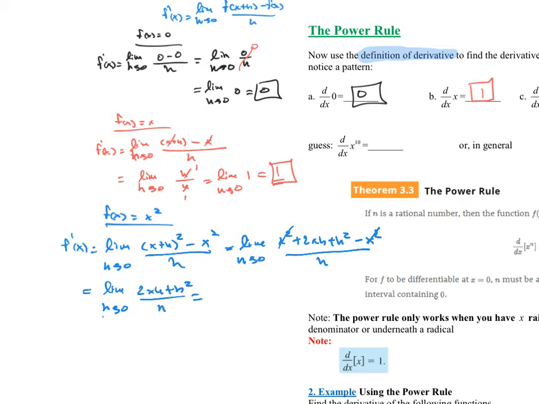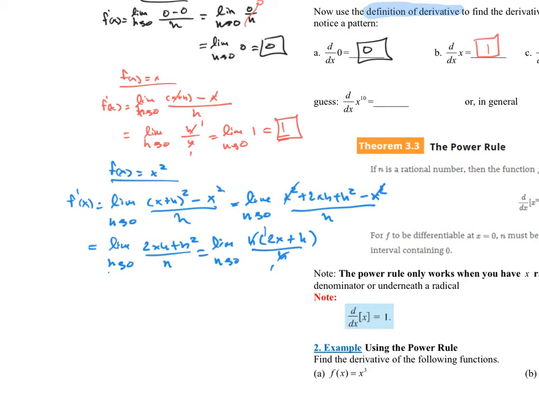Well, this was where we tried to factor out an h on the top, which we're able to do. So that would be the limit as h approaches 0 of h times 2x, because 2xh divided by h is 2x. H squared divided by h is just h. So the factored version of the numerator is h times 2x plus h. It's all over h. Now my h's simplify, and only now because it's factored, right?